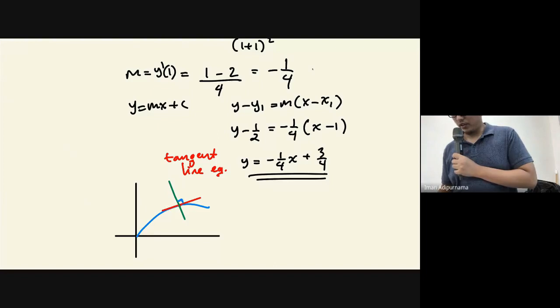So we have the perpendicular. This is called the normal line.